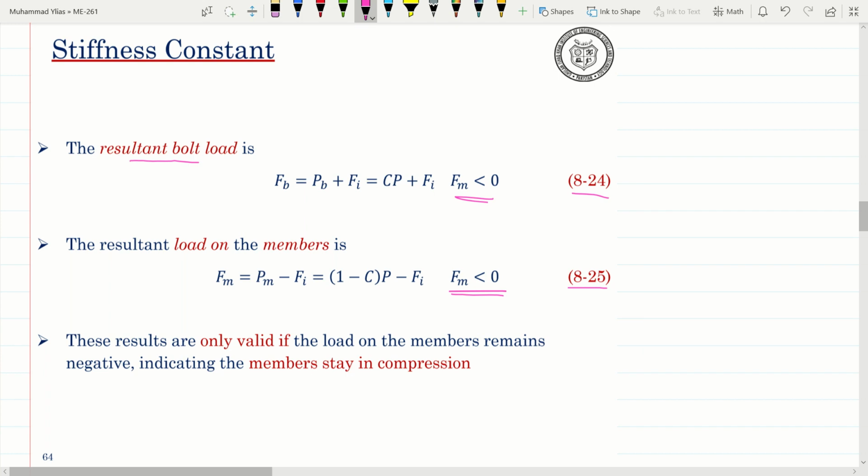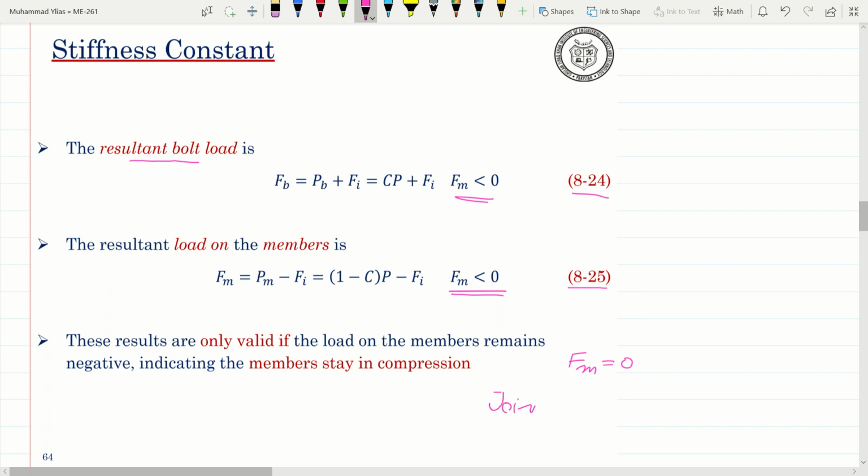As soon as the members stop experiencing any compression, or the force on the members becomes equal to 0, or it becomes above 0, or the members transition from compression to tension, we say that the joint has failed.